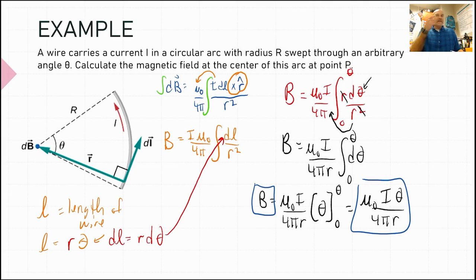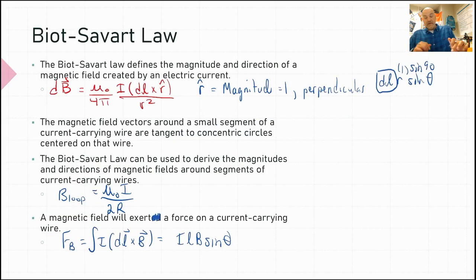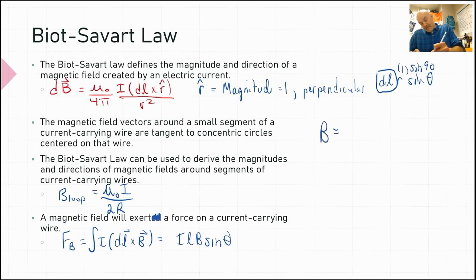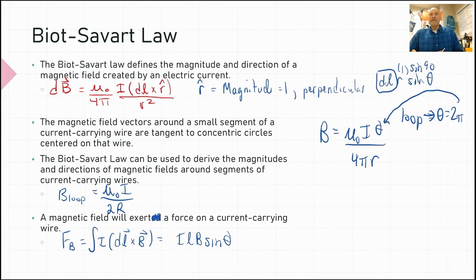Now, as I said, let's revisit that loop. So let's go back here. So we have B equals mu 0 I theta over 4 pi r, not 2 pi r. Jumping the gun a little bit. So for a loop, theta is 2 pi. So let's plug that in right there.